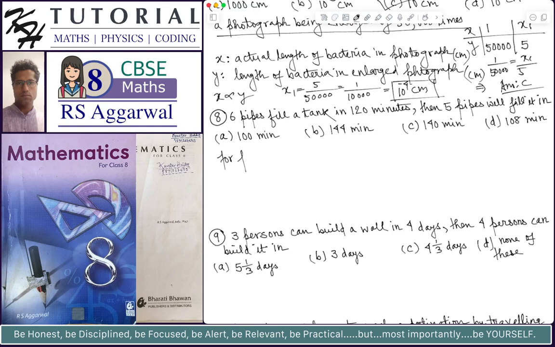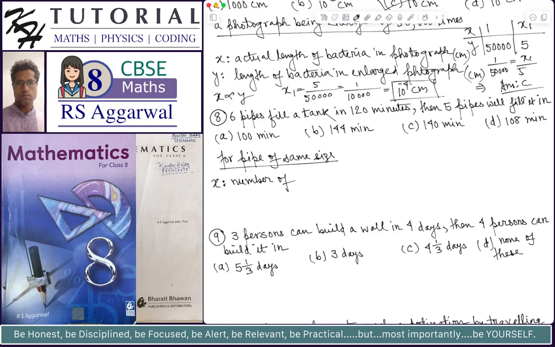Now the size of all the pipes are same. For pipes of same size, let's say the quantity x be the number of pipes, and also the volume of the tank is constant.